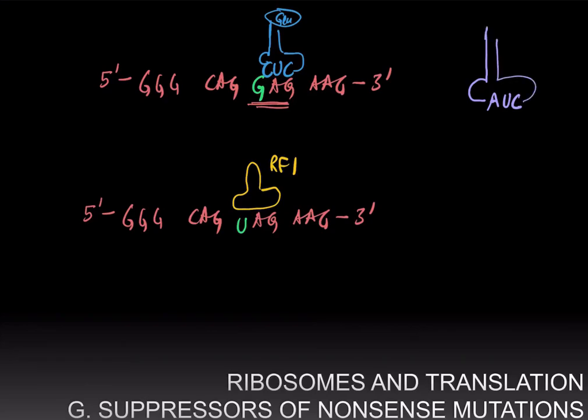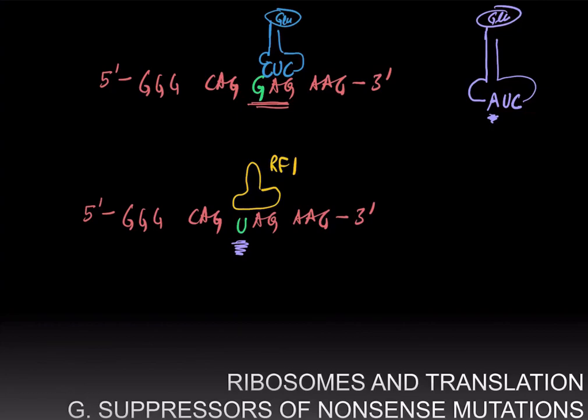Since tRNAs are also coded for by genes, those genes can have mutations, and in this case, there is a second mutation in this organism, where in addition to the G being substituted by a U in the gene of interest, the tRNA gene has a mutation, so that instead of having CUC as the anticodon, the glutamate tRNA now has AUC as the anticodon.